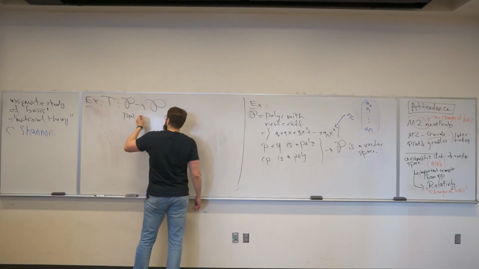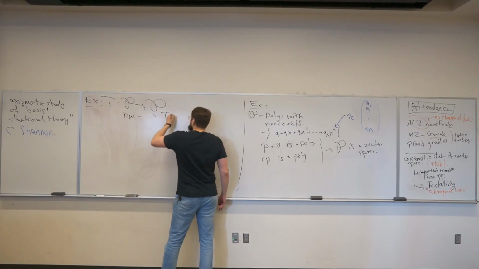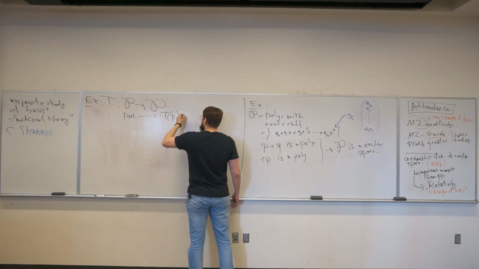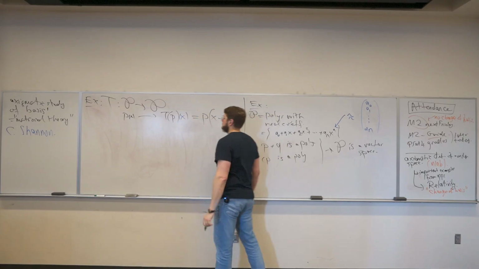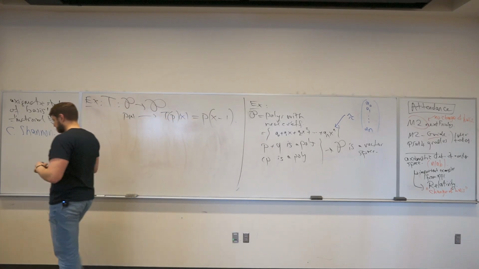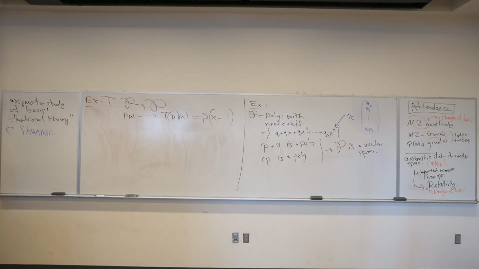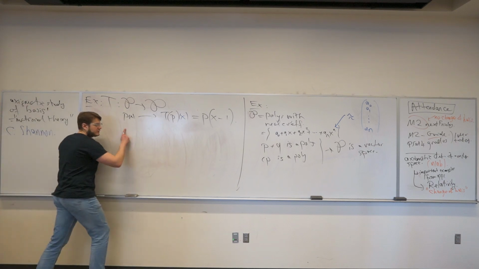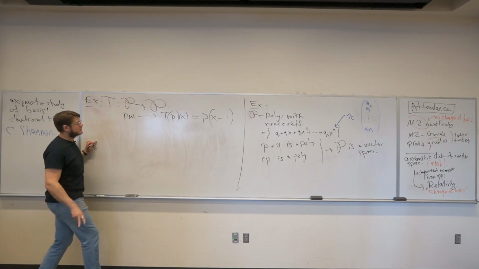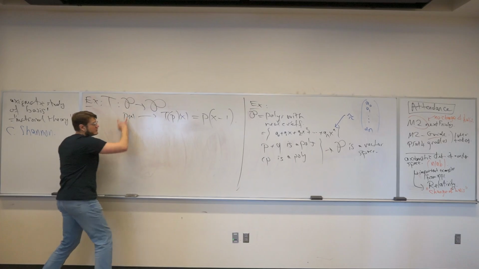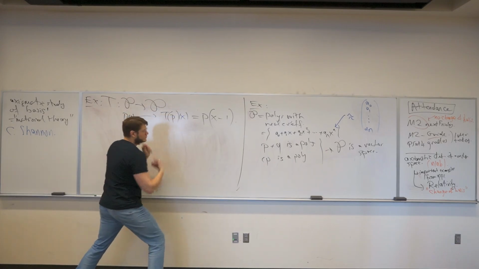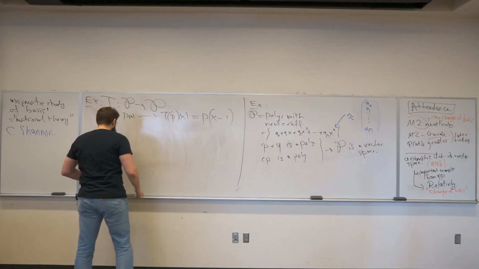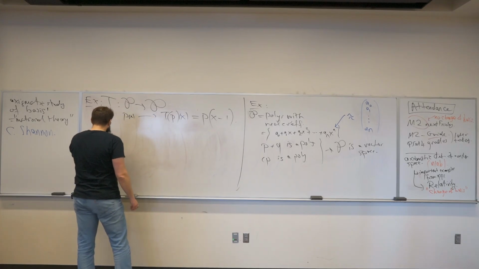So p of x goes to, let's say, p of x minus 1. This is kind of complicated to parse, but what is this T doing? You feed to it one polynomial. In this world, polynomial is the vector. Feed one polynomial to it, it gives you back another polynomial, whose graph is shifted to the right by 1 unit. So maybe you can do it like this.